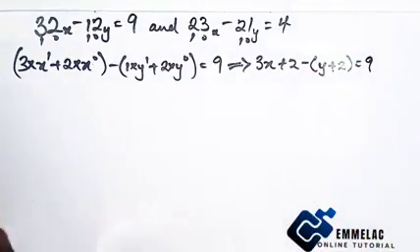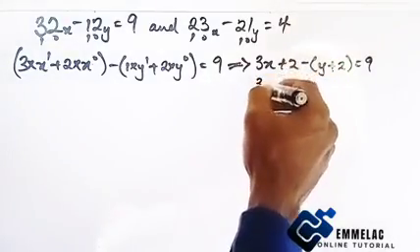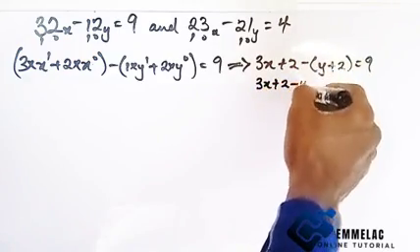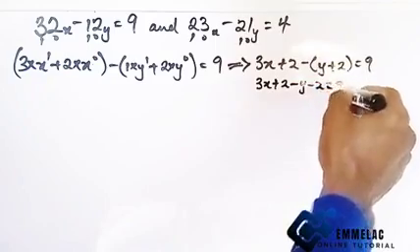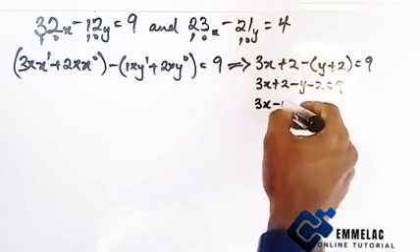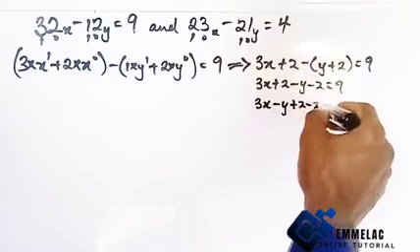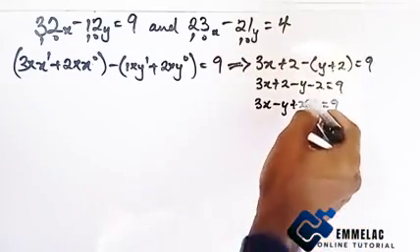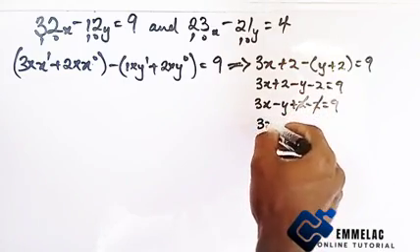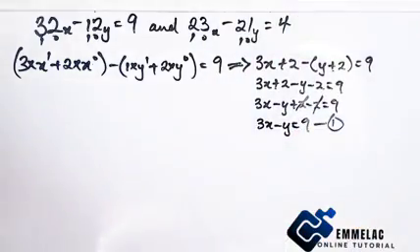So with this we can have our first equation: 3x plus 2, then open this bracket, minus y minus 2 equals 9. Collecting like terms, 3x minus y, then plus 2 minus 2 equals 9. The 2s cancel out, so you have 3x minus y equals 9. Now this is equation 1.